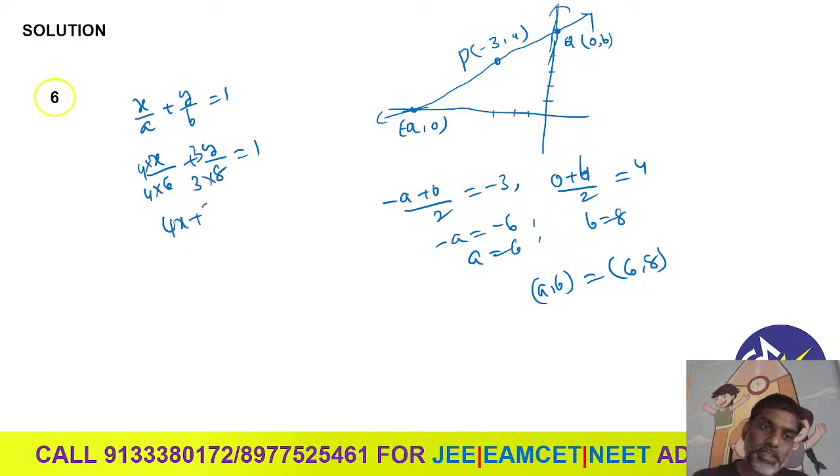So 4x plus 3y is equal to 24. 4x plus 3y equals 24 is the right answer. Clear? Right.